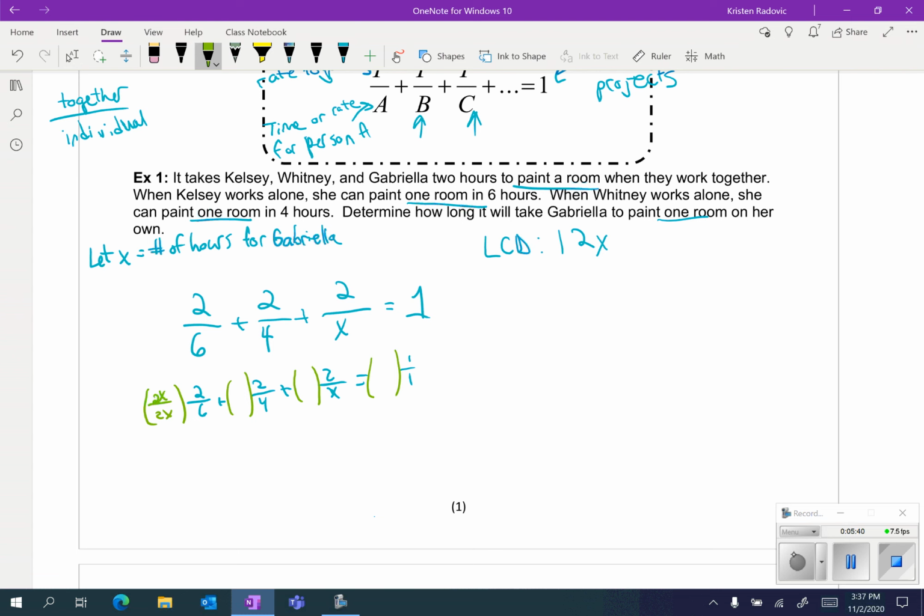In order to get to 12, you need to do 4 times 3x. The next fraction has an x. In order to get to 12, you need to do x times 12. And the last fraction only has a 1. You're missing the entire LCD.